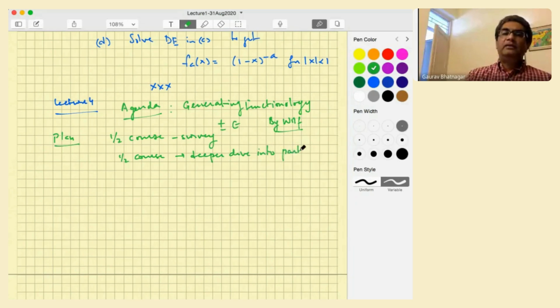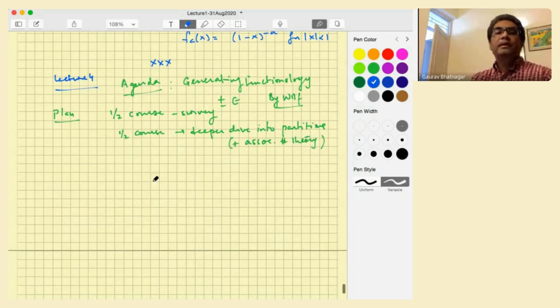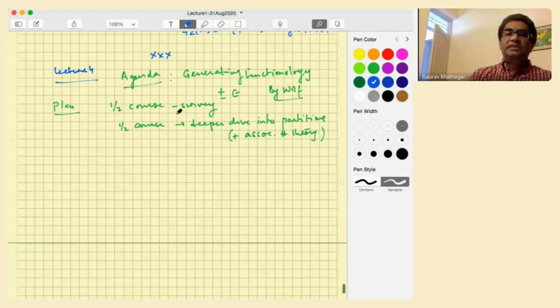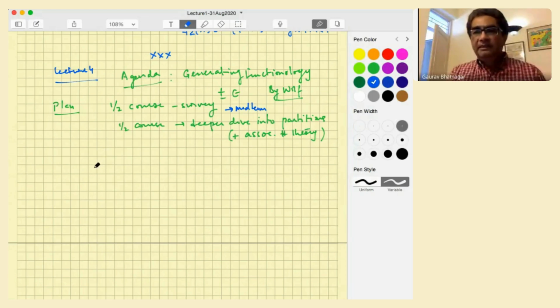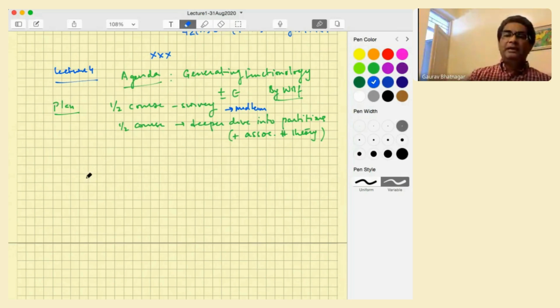The topic which I want to go into is partitions, plus some associated number theory. So the first half of the course would be until the midterm break, and that's still quite far away. So we'll go through Wilf's book, and some aspects of Wilf's book are basically to do with partitions.